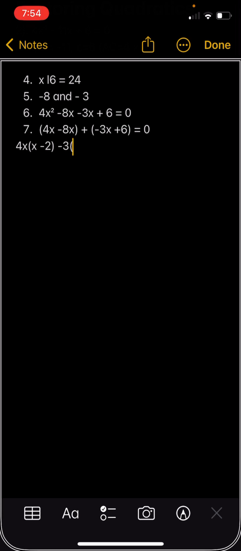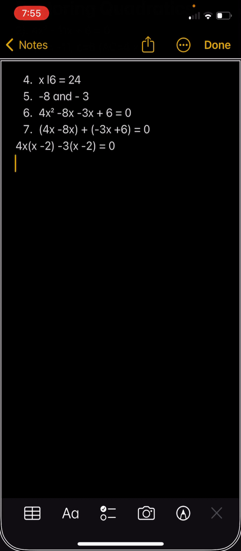So negative 3 into negative 3x will give us a positive x, just like in the first bracket. And negative 3 into a positive 6 will give us a negative 2. So the contents of the two brackets are now identical. So we have x minus 2 as the binomial in both brackets.